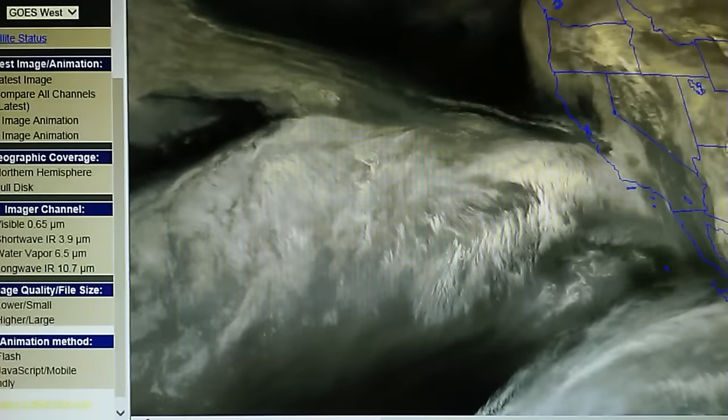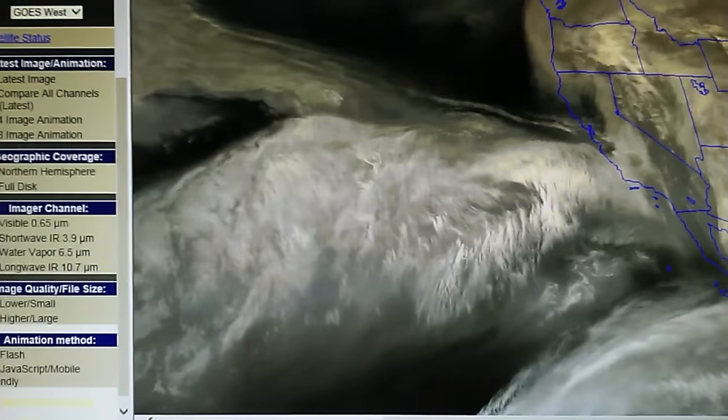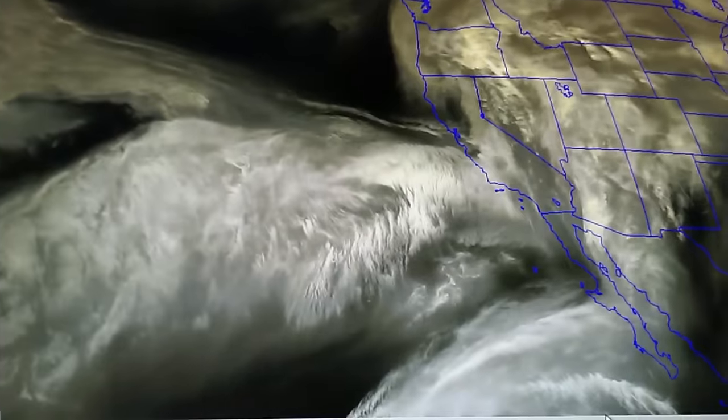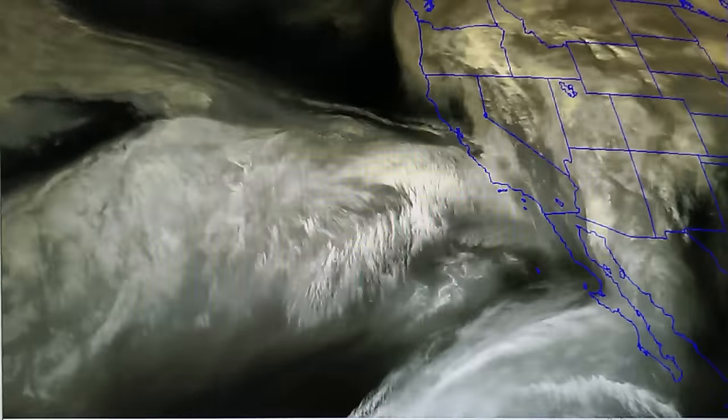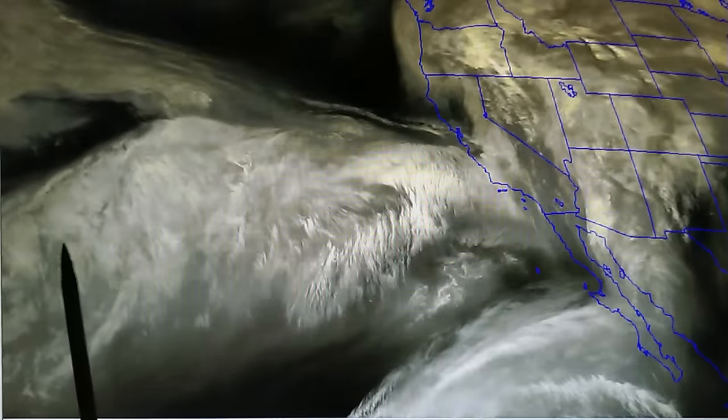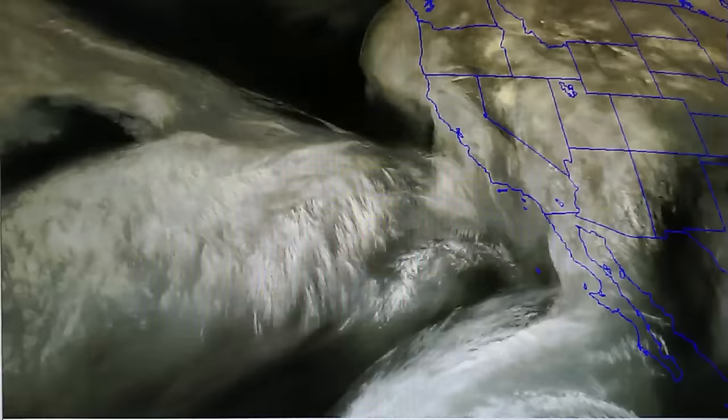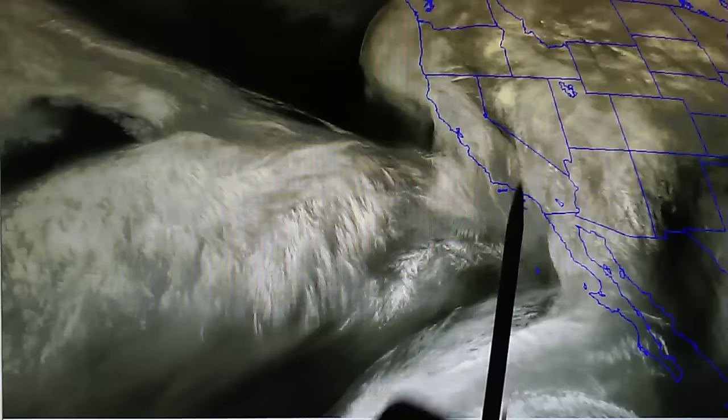Okay, so we've seen the MODIS today. Let's take a look at the SSCC geostationary water vapor map. And this moisture field, this is the jet stream flow right here, which is moving right into California.